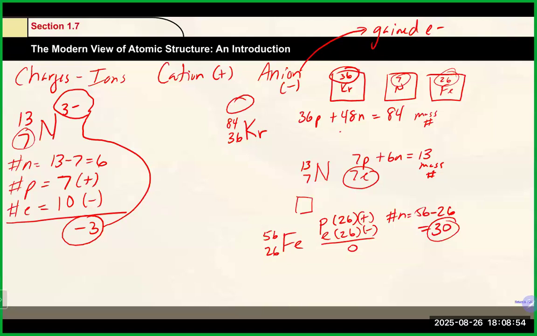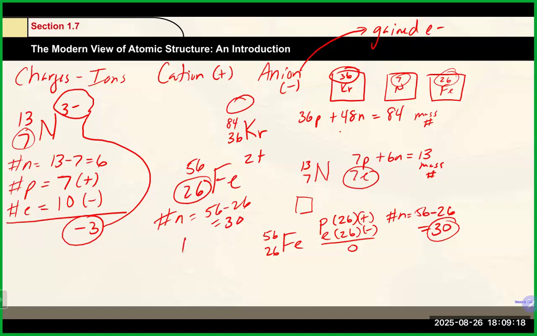Now, if we look at iron, which has, we'll go with a +2 in this situation. Why not? We'll do the same numbers here. Once again, since our mass number and atomic number are the same, our number of neutrons is also going to be the same. We're going to end up with 30. Once again, it is still iron, which means it still has an atomic number of 26.